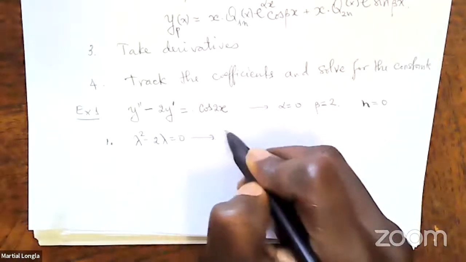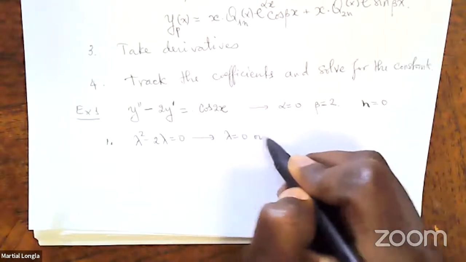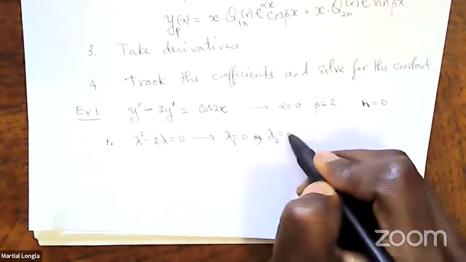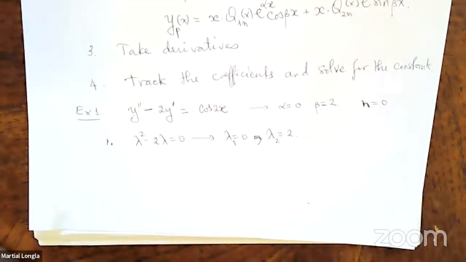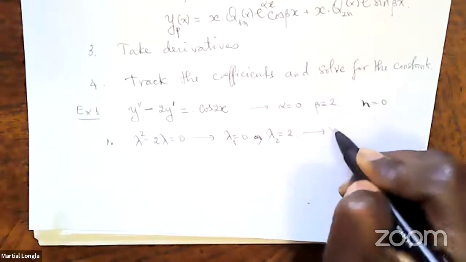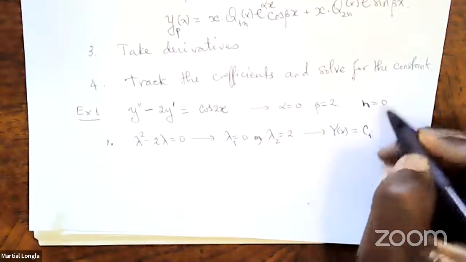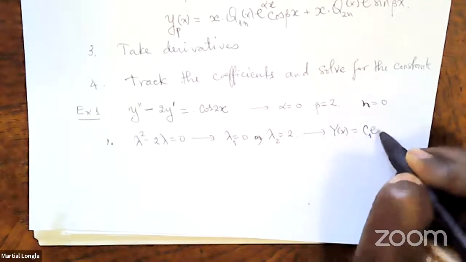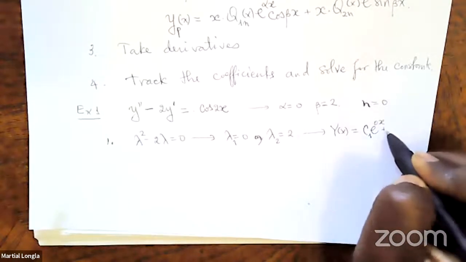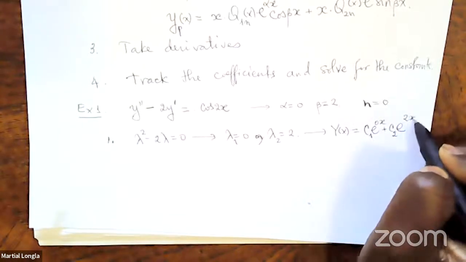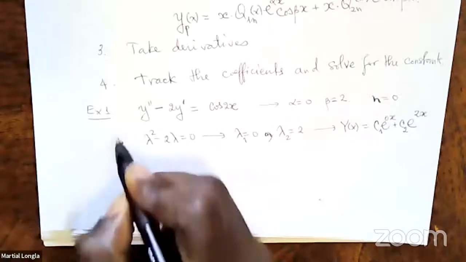So you solve this, you get lambda equals 0, or lambda equals 2. 2 distinct roots, so that means capital Y of x, which is the general solution of the homogeneous problem, is going to be C1 e to the 0x plus C2 e to the 2x. So that's the solution of the homogeneous problem.